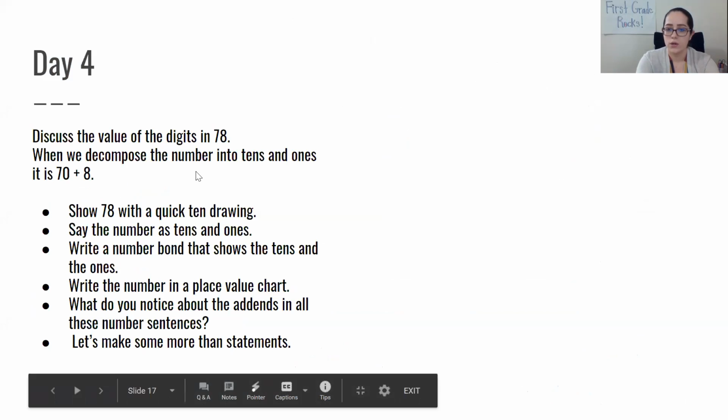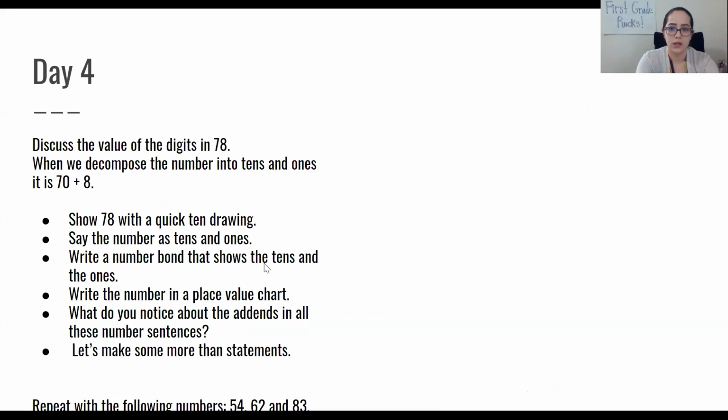And day 4, similar to day 3, has a few discussion questions and just an extra activity that you can do with your child. So here it's going to ask you to discuss the value of the digits in 78. So let me go ahead and write that. So asking students what each digit stands for.